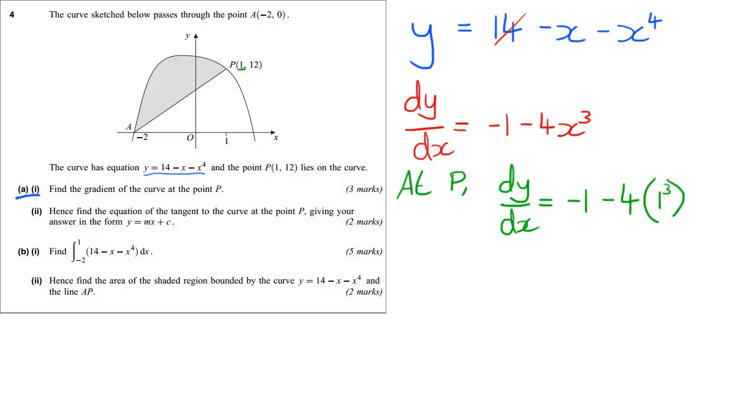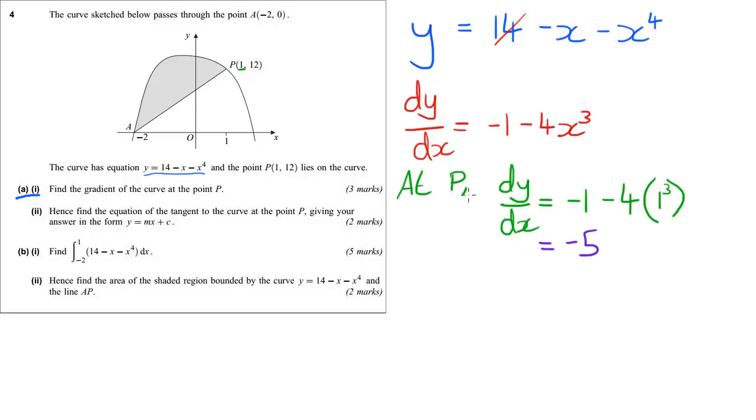I may have been too simple there, but I think it's better to be too simple in some ways. So what is that going to be equal to? Well, 1 cubed is going to be 1, times by minus 4 is going to be minus 4. So our gradient at the point P is going to be minus 5.